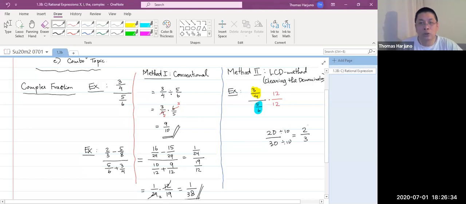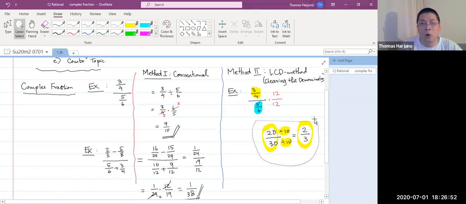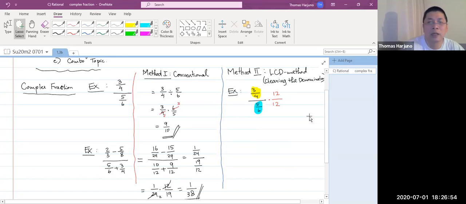So in other words, as long as I multiply or divide by the same non-zero number, the value of this fraction will be the same. I basically multiply by 1. So the goal is multiplying by the LCD. Why LCD?